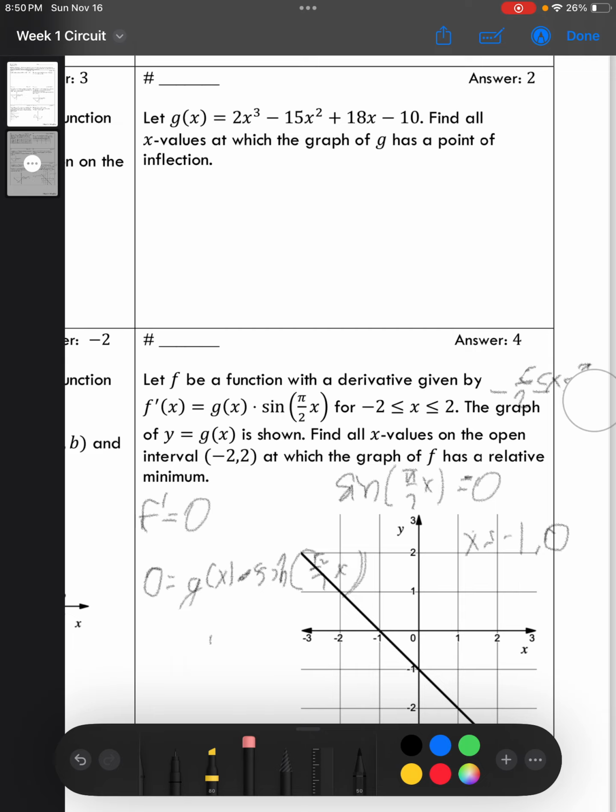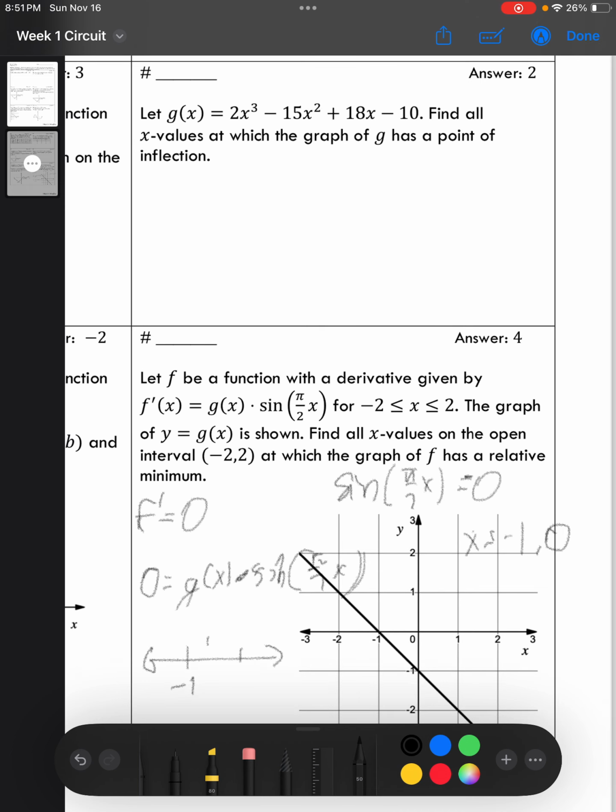So this is a long question because now we have to do a sign test. Here, -1 and 0, since these are our critical values. If we check to the left of this, so -2, g of -2 times sine of pi by 2 times -2.